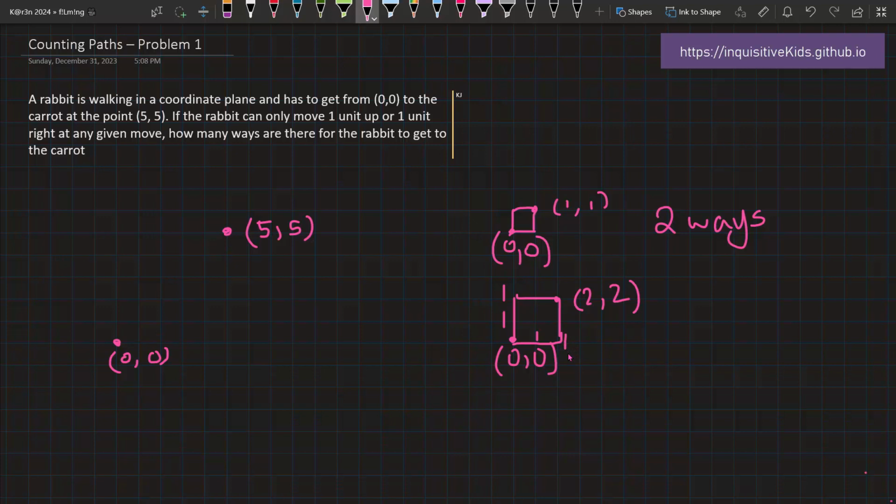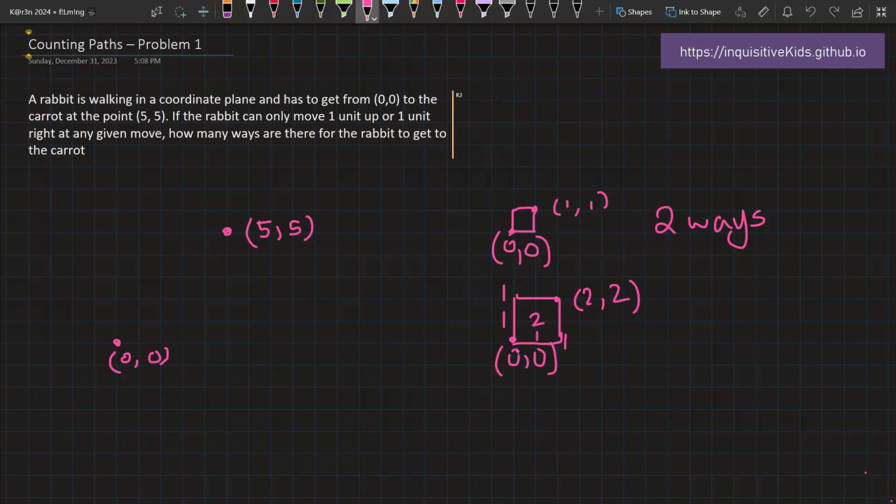Now this is when it gets interesting. This middle point right here, how many different ways are there for the rabbit to get there? Well, there are 2 different ways. There's one way if we go up first and then right, and one way if we go right first and then up. So there are 2 ways to get to the middle point from the origin.